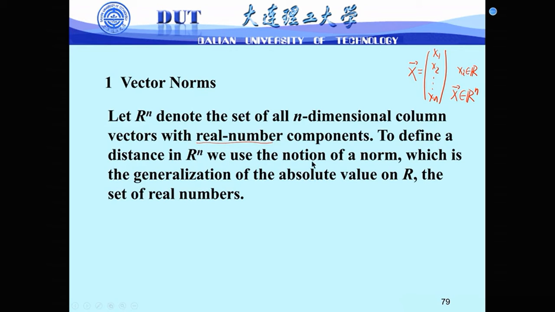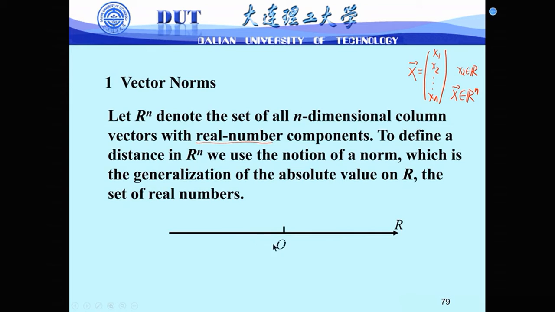We use the notion of a norm, which is a generalization of the absolute value on R, the one-dimensional real numbers, the set of real numbers. We can use x to represent all the real numbers.